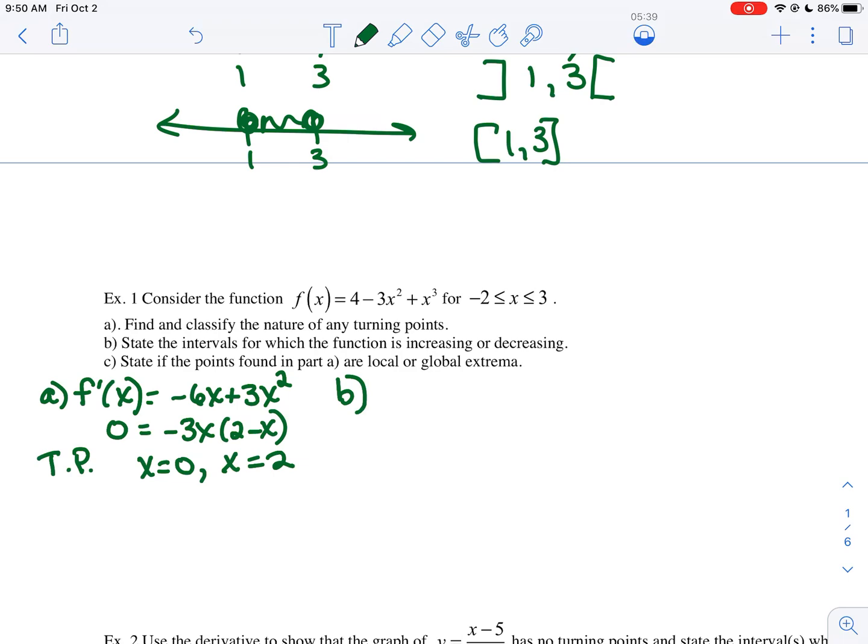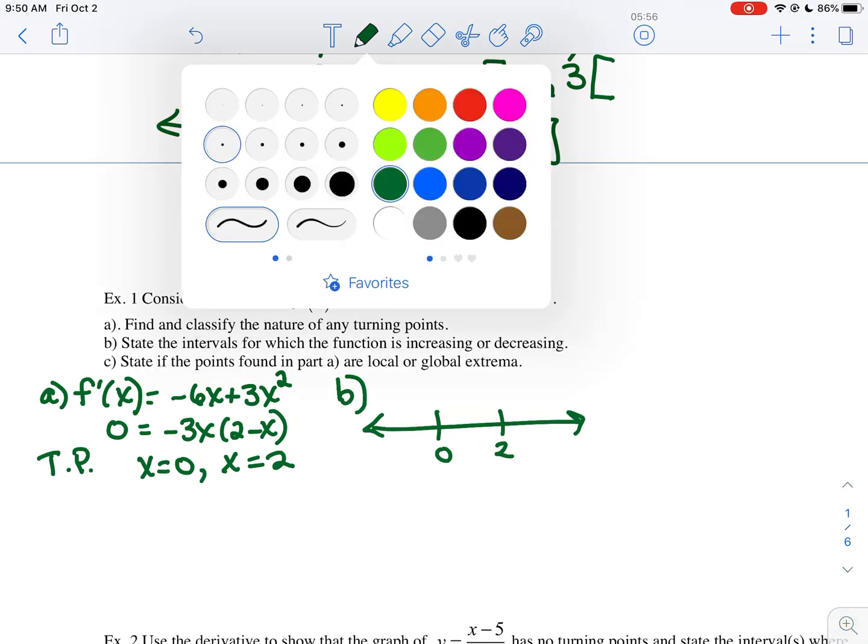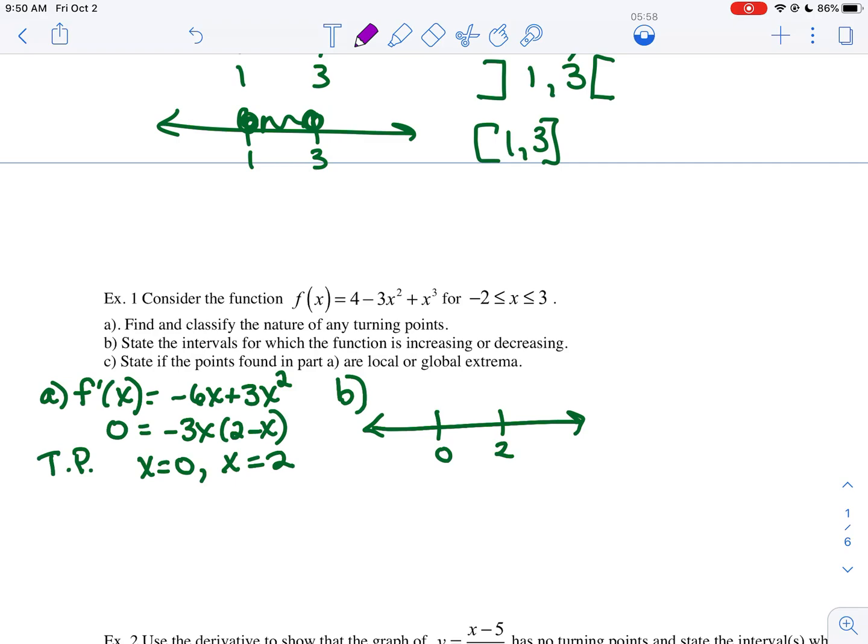So here's what I do. I create a number line with the turning points on it, and then I'm going to test. Now they don't always alternate. About 90% of the time they do alternate, but they do not always alternate. So be careful. So what I'm going to do is, this is a test point for the first derivative.